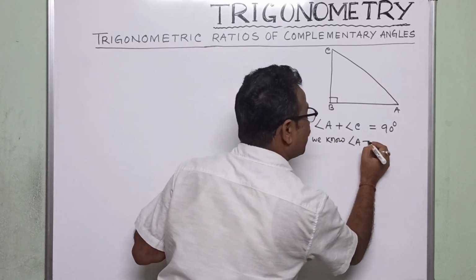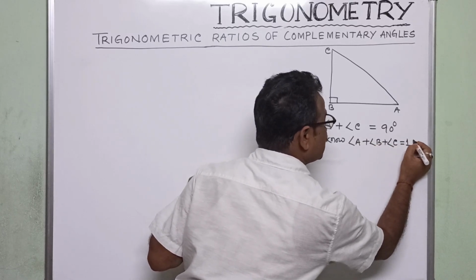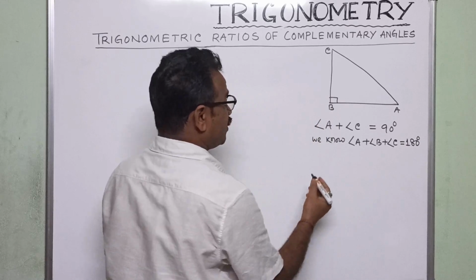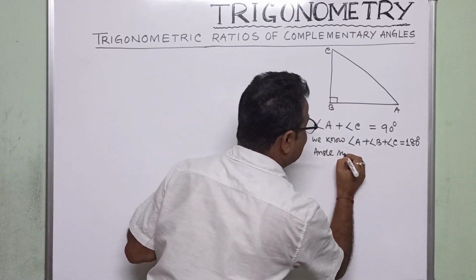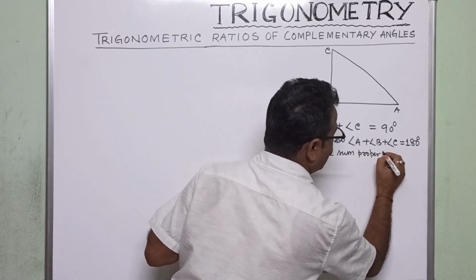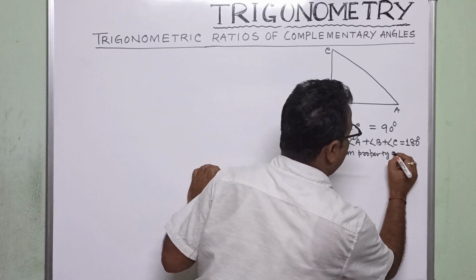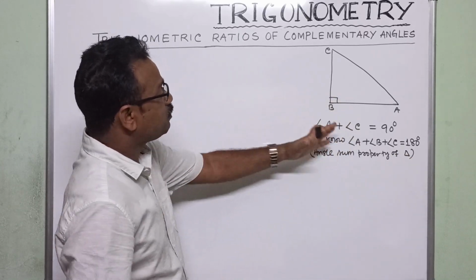We know angle A plus angle B plus angle C is equal to 180 degrees. Why? Angle sum property of the triangle.